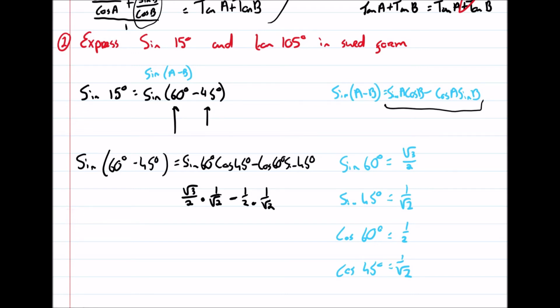And that then will give us, if we multiply this bit together, root 3 over 2 root 2 minus 1 over 2 root 2, and leaving it in surd form we have root 3 minus 1 over 2 root 2. So there it is in surd form.